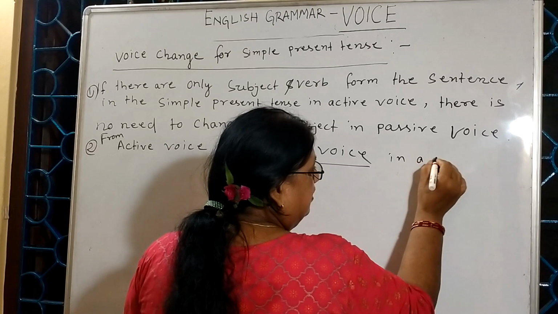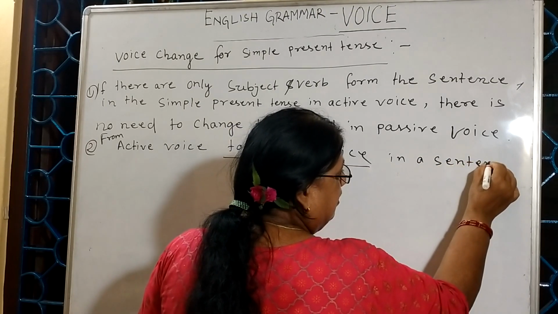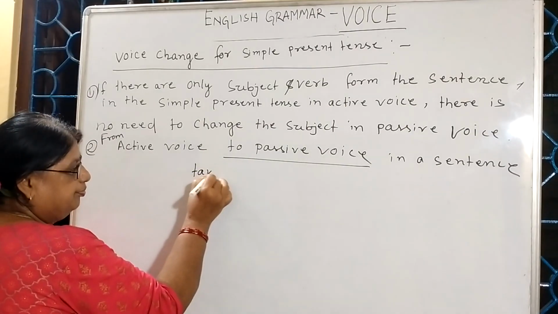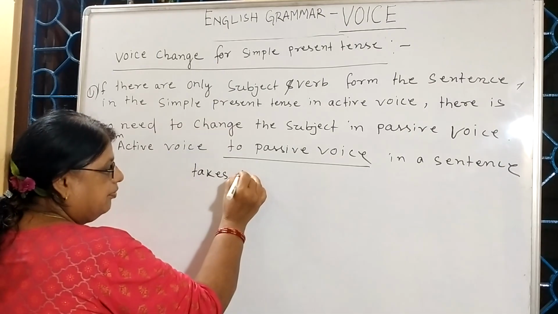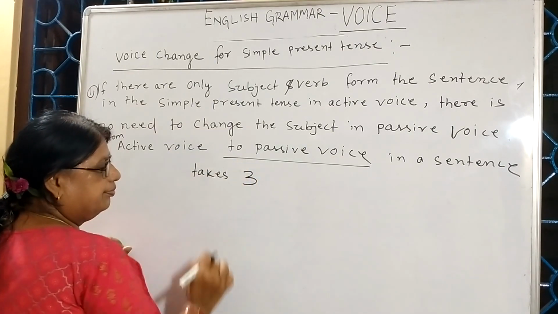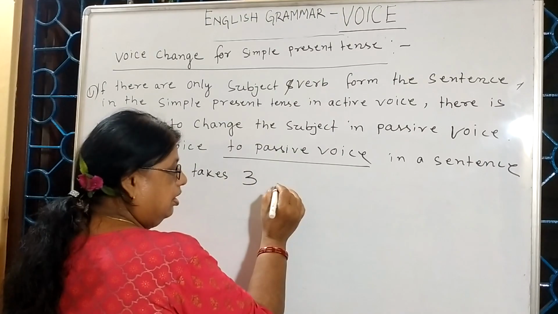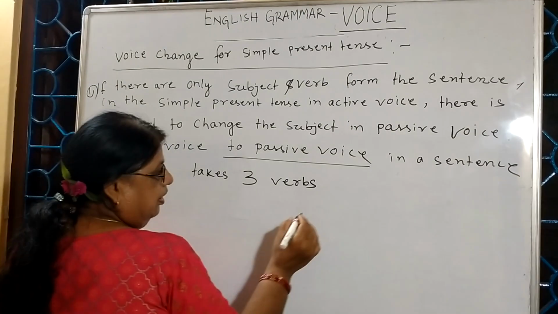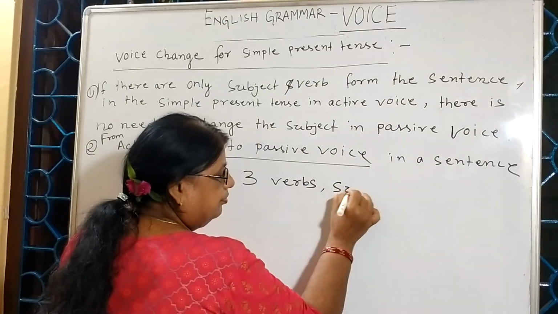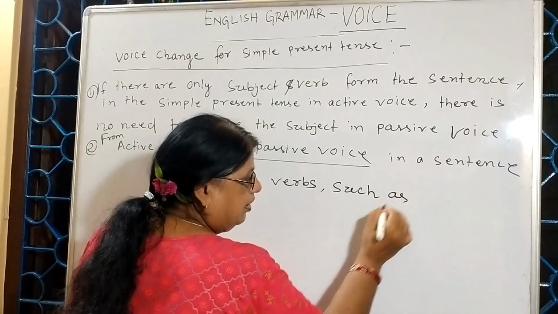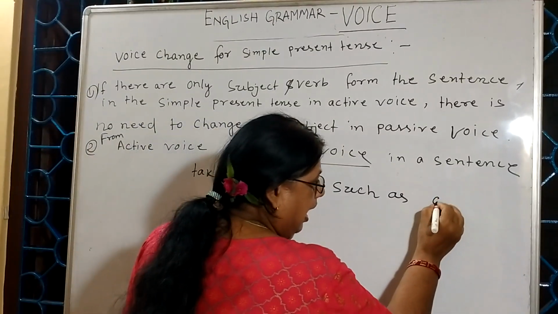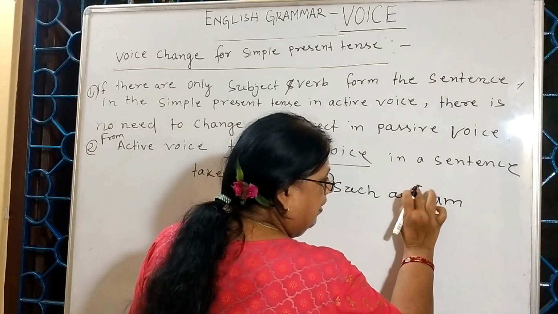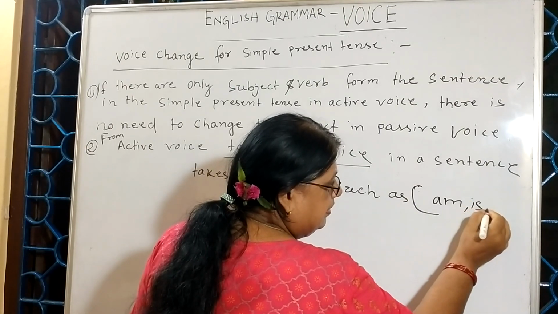In a sentence, it takes 3 verbs such as am, is, are.